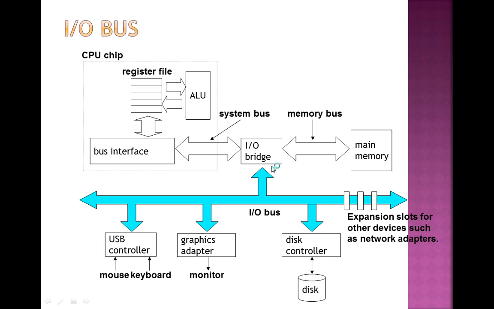This is your input-output bridge. This is the system bus. Then the memory bus. This is your memory bus. Then main memory. This line or this bus is used for connection between the input-output bridge and the bus interface, and this line or this wire is used for the input-output bridge and the main memory.